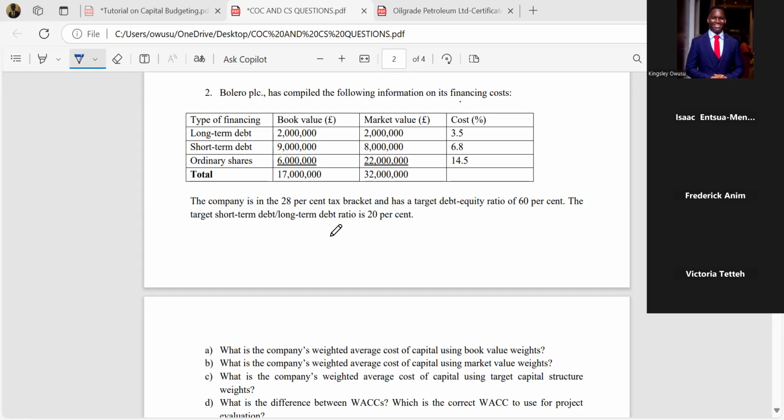B. What is the company's weighted average cost of capital using market value weights? C. What is the company's weighted average cost of capital using target capital structure? And what's the difference between the WACCs, which is the correct WACC to use for project evaluation?